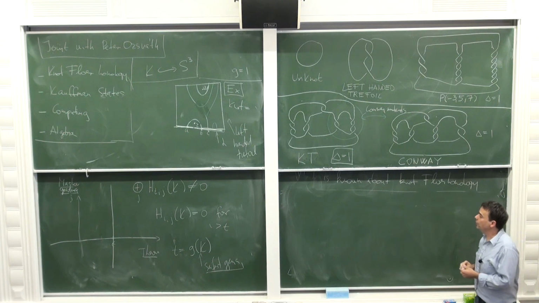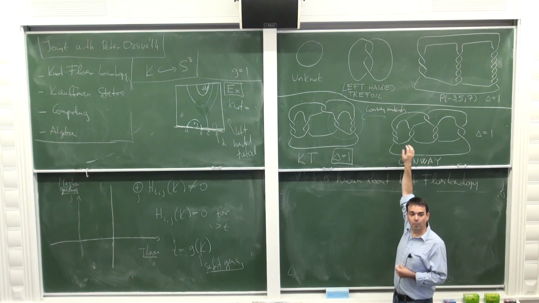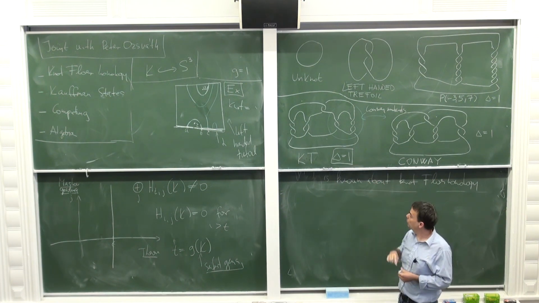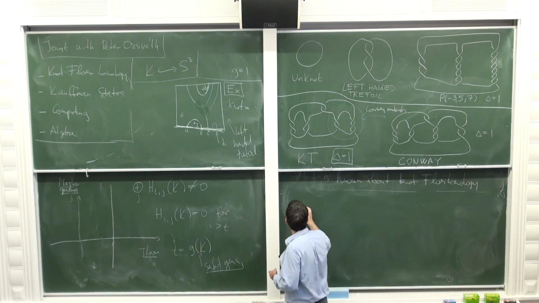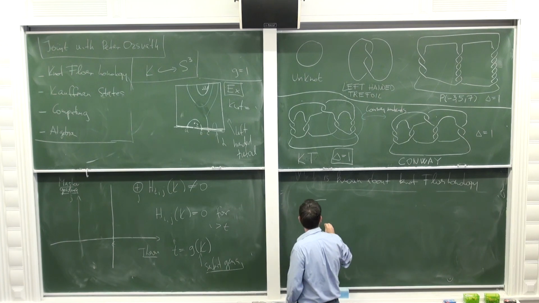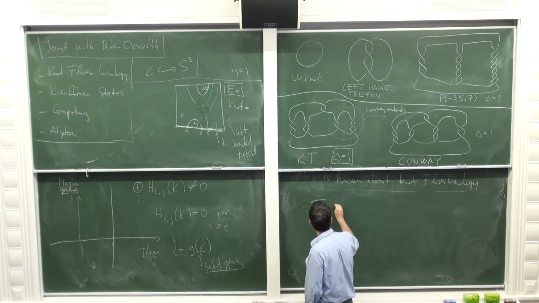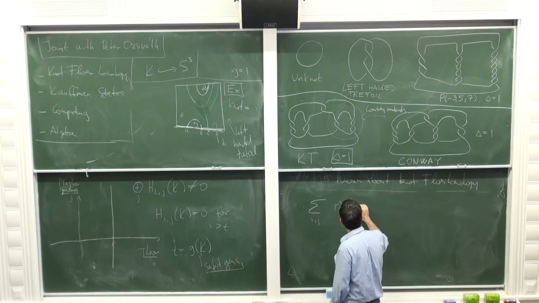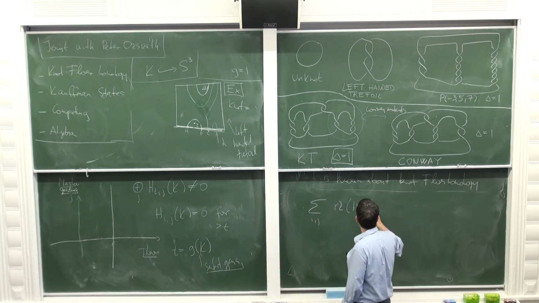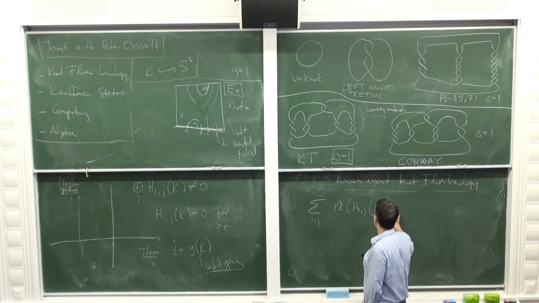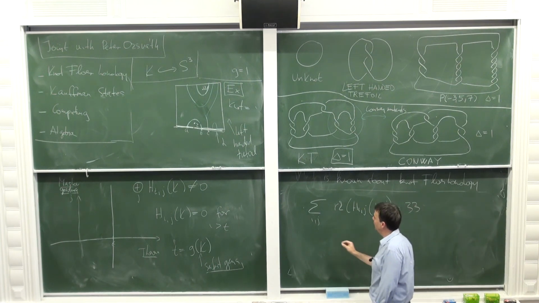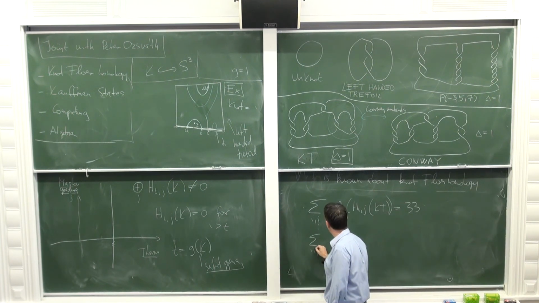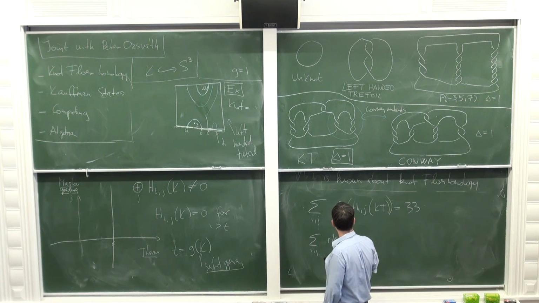But what's sort of interesting is that when you actually make a complete computation of these knot Floer homologies, and you take the sum of the ranks for the Kinoshita-Terasaka knot, then you get 33, and then you make the same summation for the Conway knot.